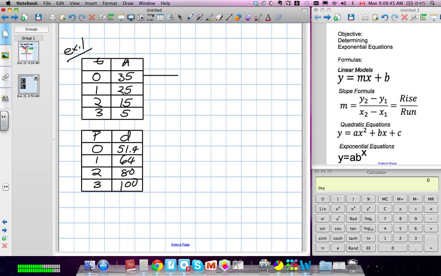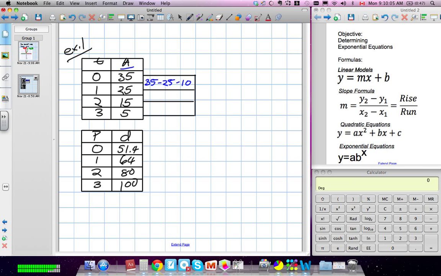So if you remember first differences, we're subtracting the values of our y-axis, which will be our a in this case. So we subtract 25 from 35 gives us 10. 25 from 15 gives us 10.